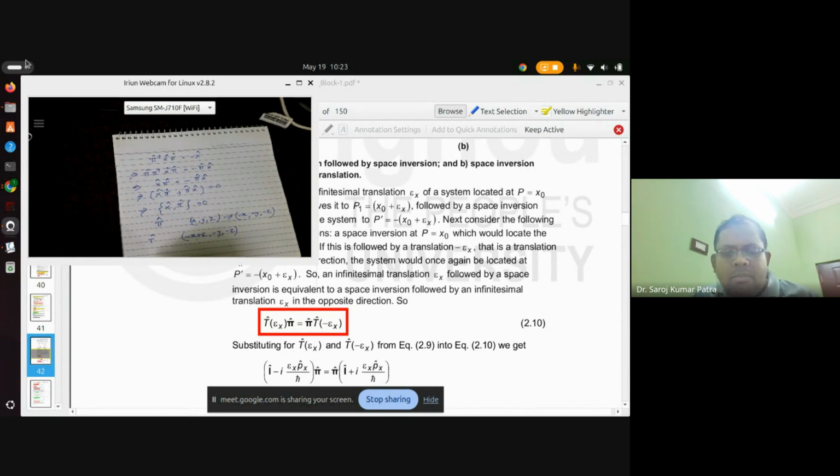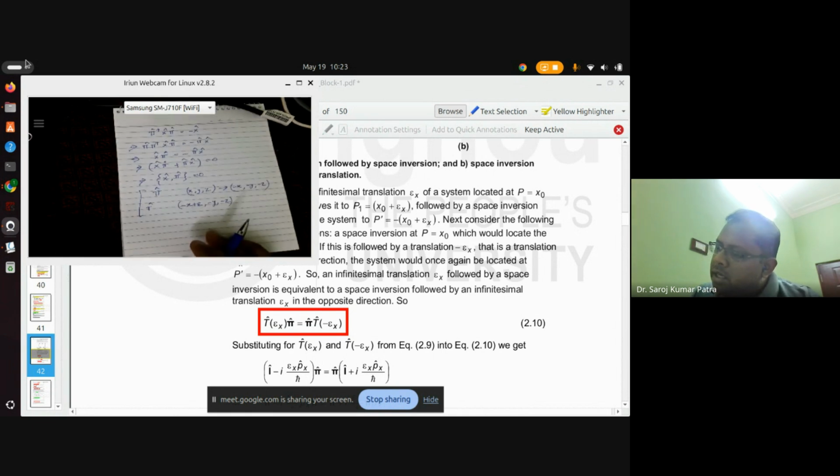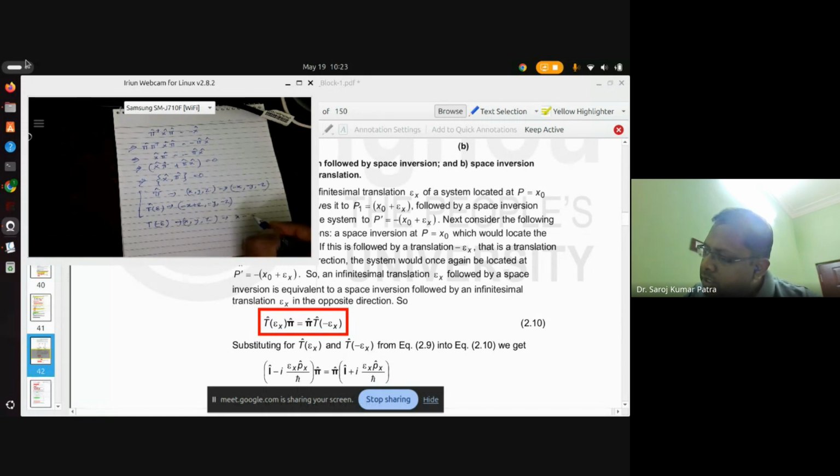This is the first case. In the second case, if we first do T of minus epsilon, what will happen? From x y z it will go to x minus epsilon, y, z, right?